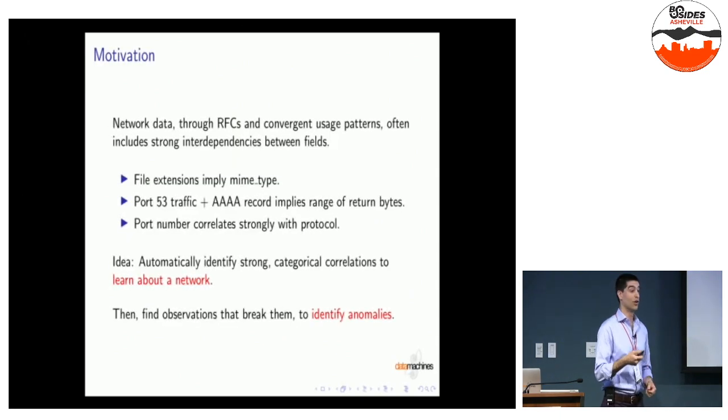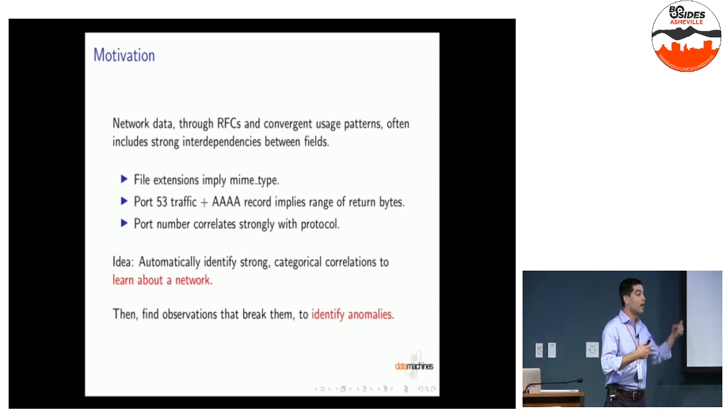Okay, a little bit more motivation. So network data, because of RFCs, convergent use, habits, you often get these strong interdependencies between fields or variables in your data. So think, if you're looking at NetFlow data from YAF or Bro, or you're looking at host level data from insert name of your favorite agent here, you get these strong correlations, right?